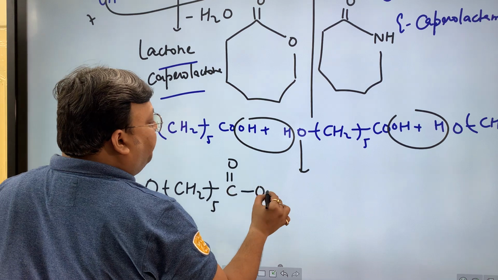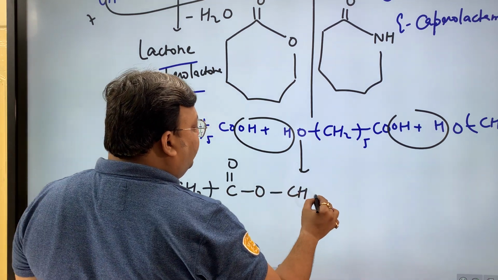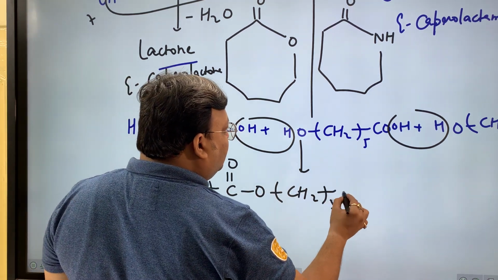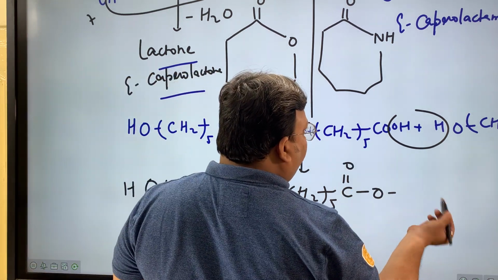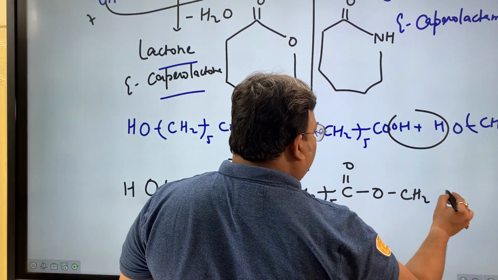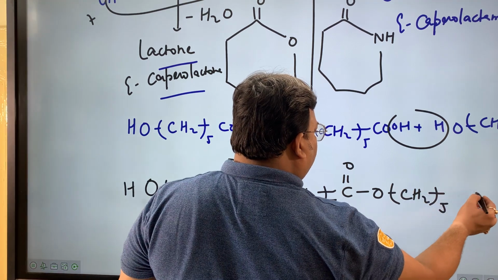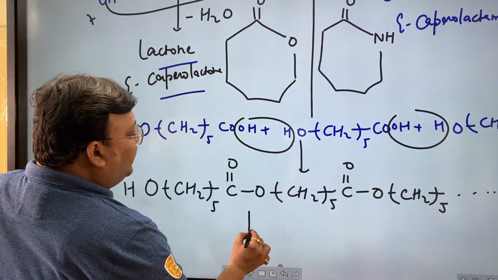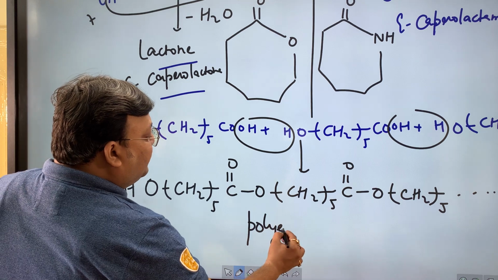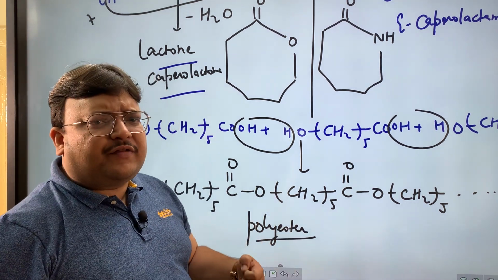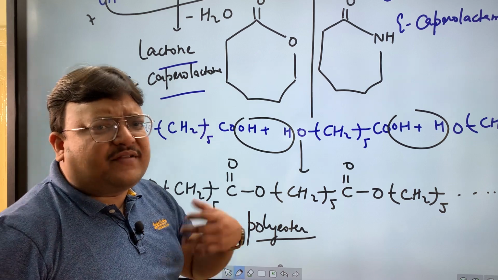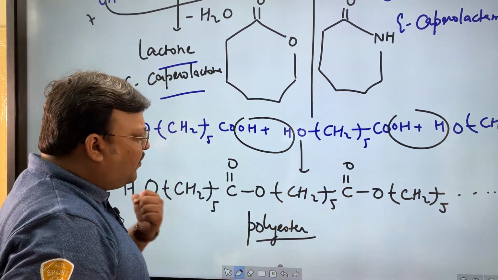You would have heard the name polyester before. This is going to be a polymer. This will carry on, and this will be called a polyester, which we start calling polyester in simple language.